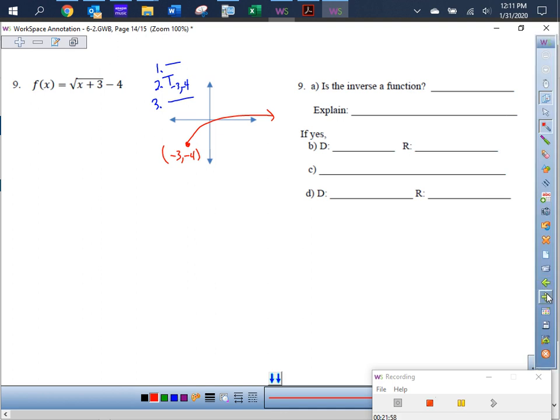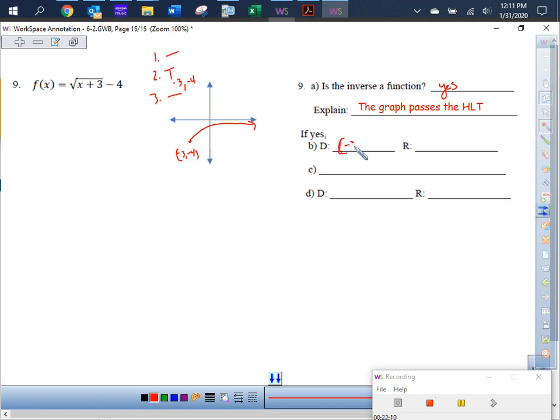And the inverse is definitely a function because the graph passes the horizontal line test. So -3 included to infinity in the domain, and -4 included to infinity for the range.